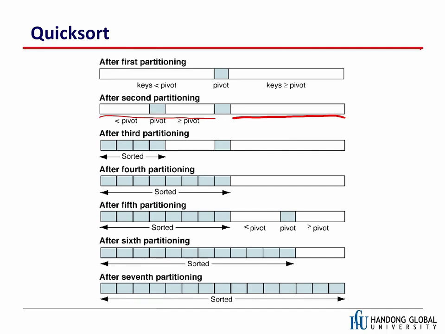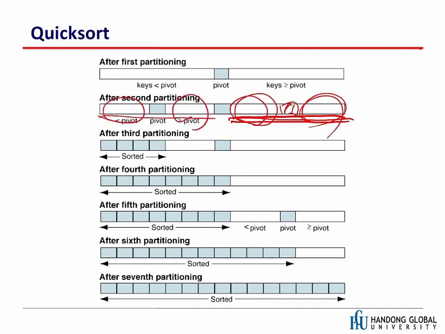Let's say we have a pivot here, and then the smaller ones on this side. All the small elements will be on the left side and the other ones will be on the right side.